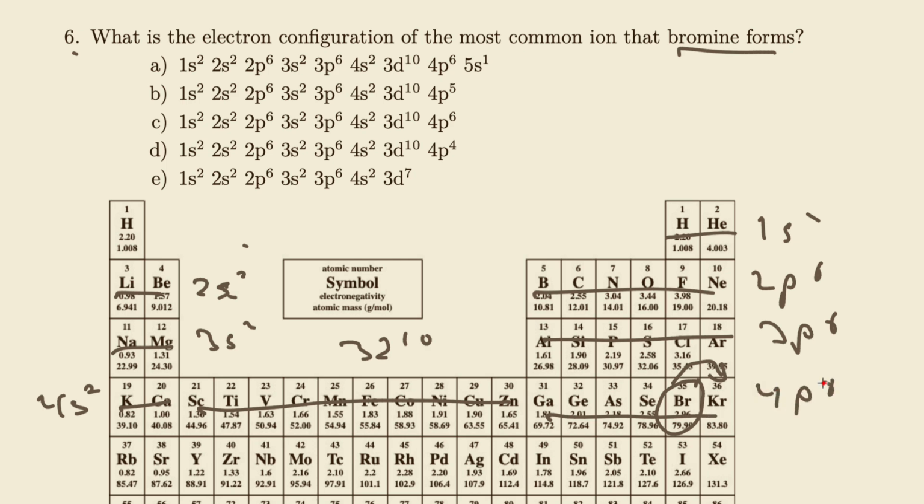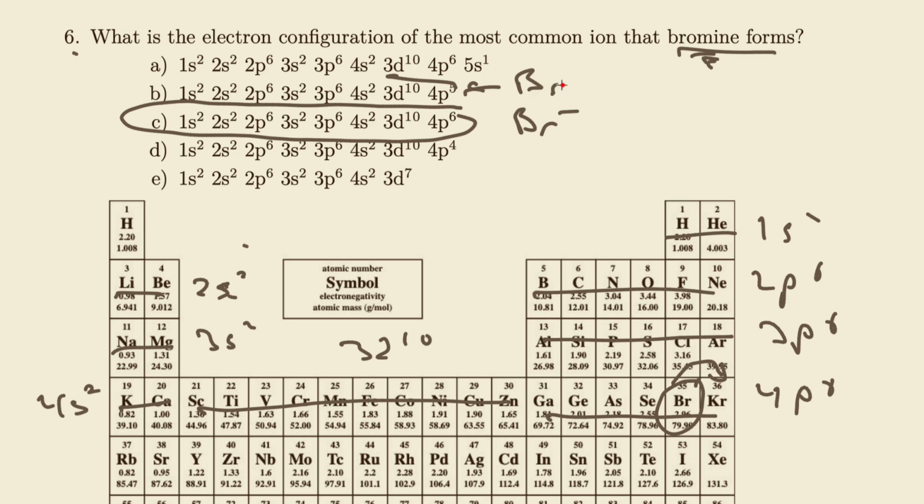And so for the ion that it forms, it's going to be C, 1s2, 2s2, 2p6, 3s2, 3p6, 4s2, 3d10, 4p6. That's for the bromide ion. For bromine atoms, that would be the one right above it. So when it forms a minus ion, it gets an extra electron.